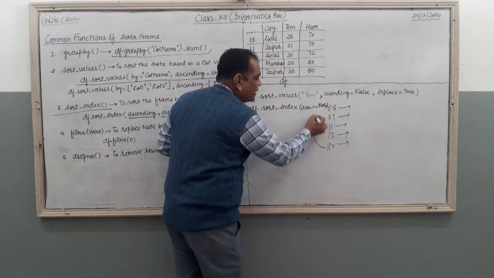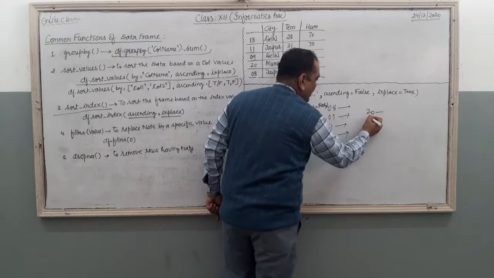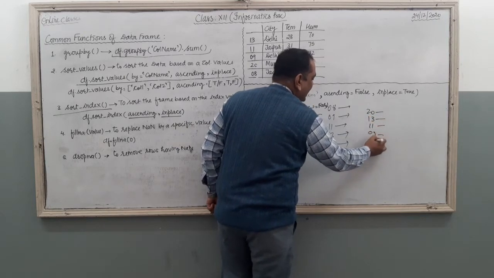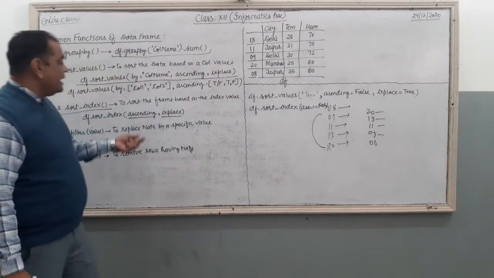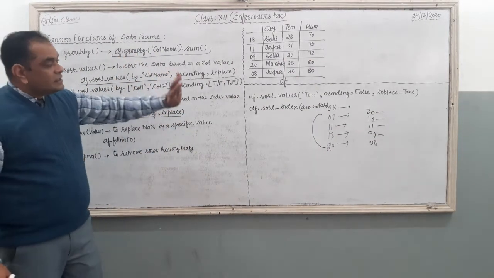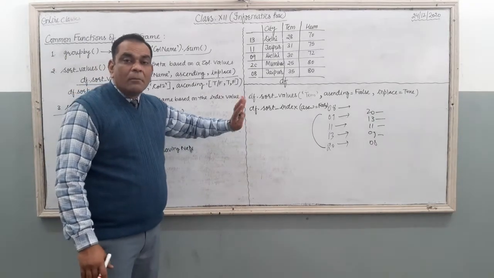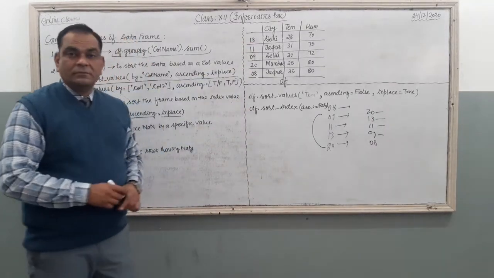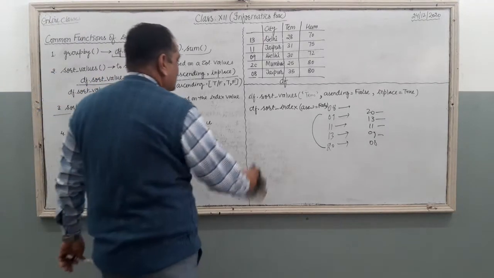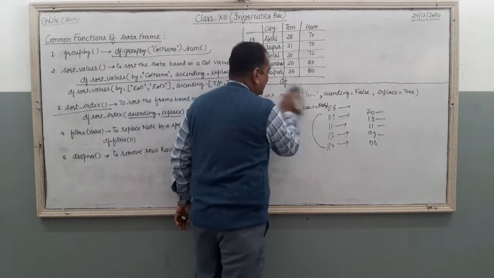Then what will happen? It will be reversed. Reversed means the 20th record first, then 13, then 11, then 9, then 8. Right? And if you use inplace equal to true, it means the changes are stored permanently in the data frame. So here it is the sort index function of our current data frame.